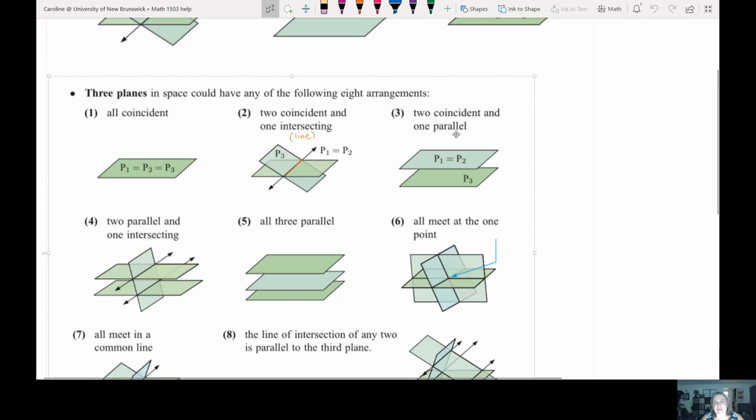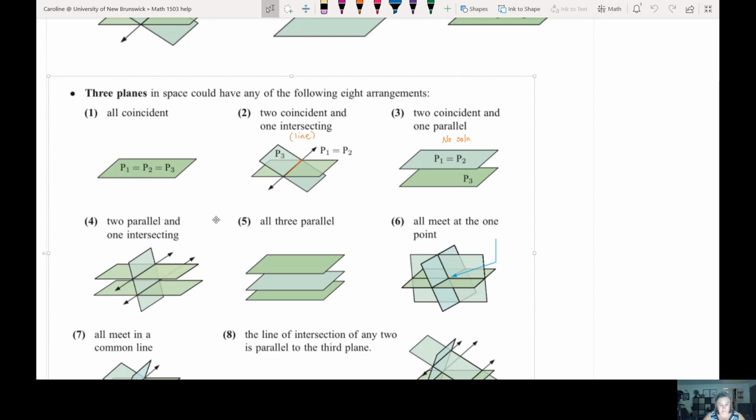So we could have two coincide and one parallel, and this would have no solution because the three planes don't intersect at any common area. 4, we could have two parallel and one intersecting, and anytime there is any parallel, there'd be no solution between the three.